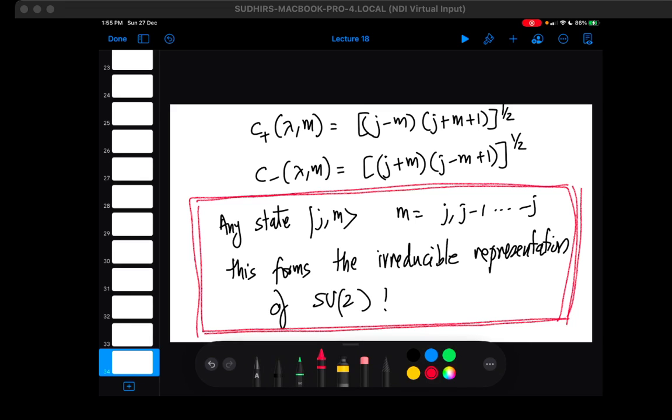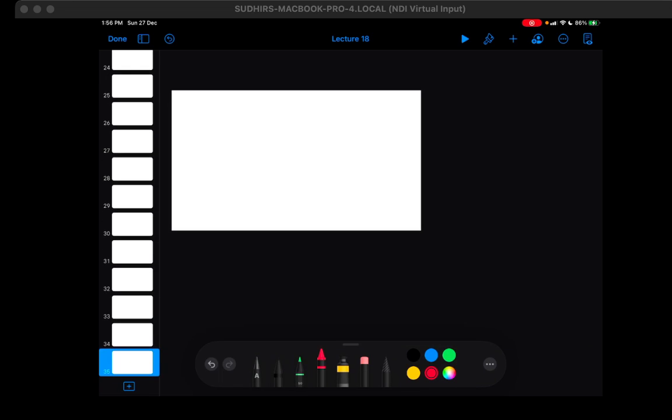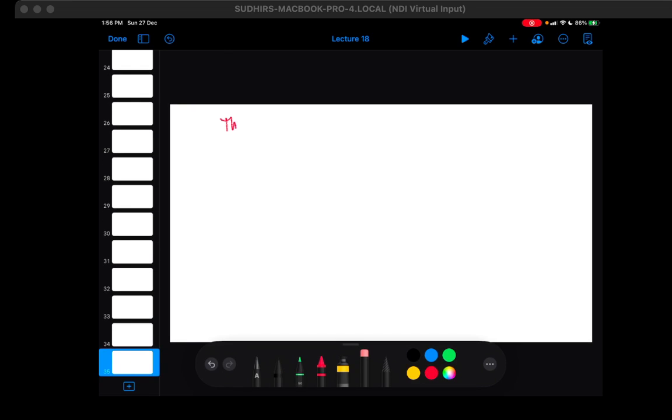The jz values move from minus j to plus j, the m values, and for a given j we can reconstruct the entire representation. The dimension of this representation is 2j plus 1.